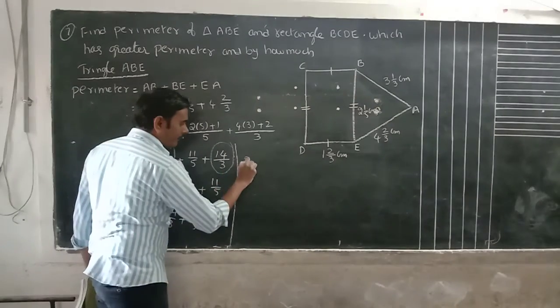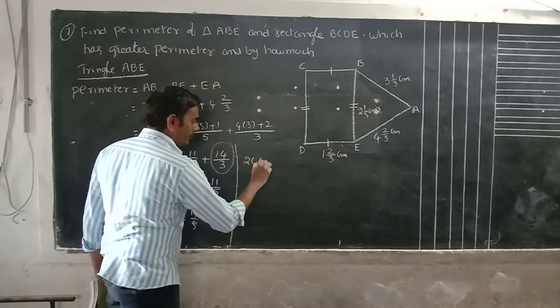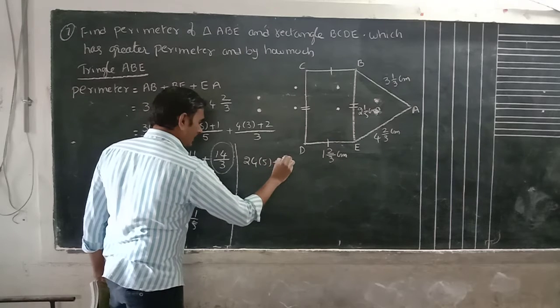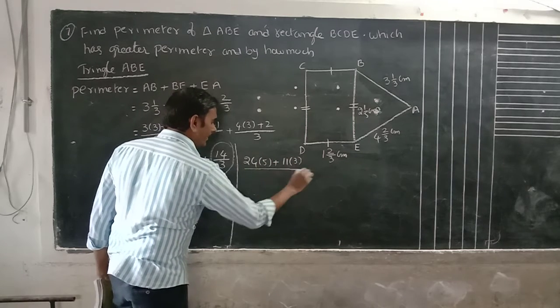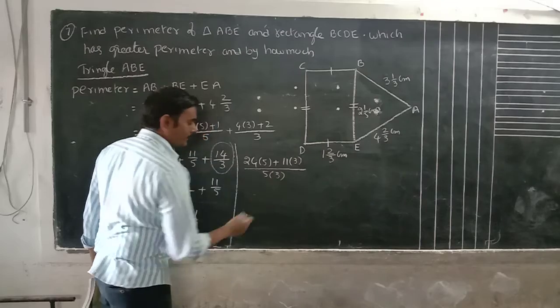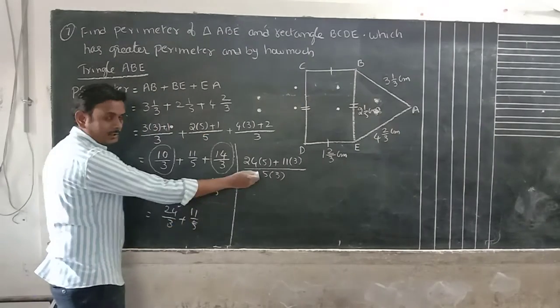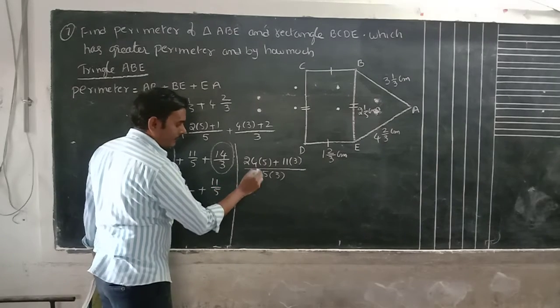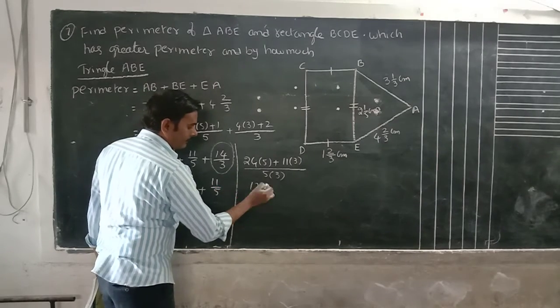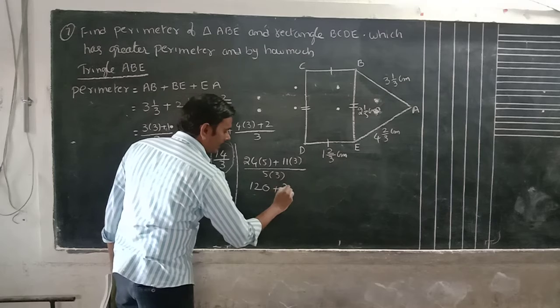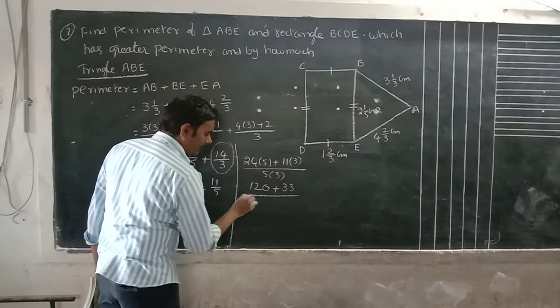Cross multiply 24 into 5 plus 11 into 3 by 5 into 3. Okay, now 24 into 5, 11 into 3 by 3 into 5. 24 fives are 120 plus 11 threes are 33, 153 by 15.